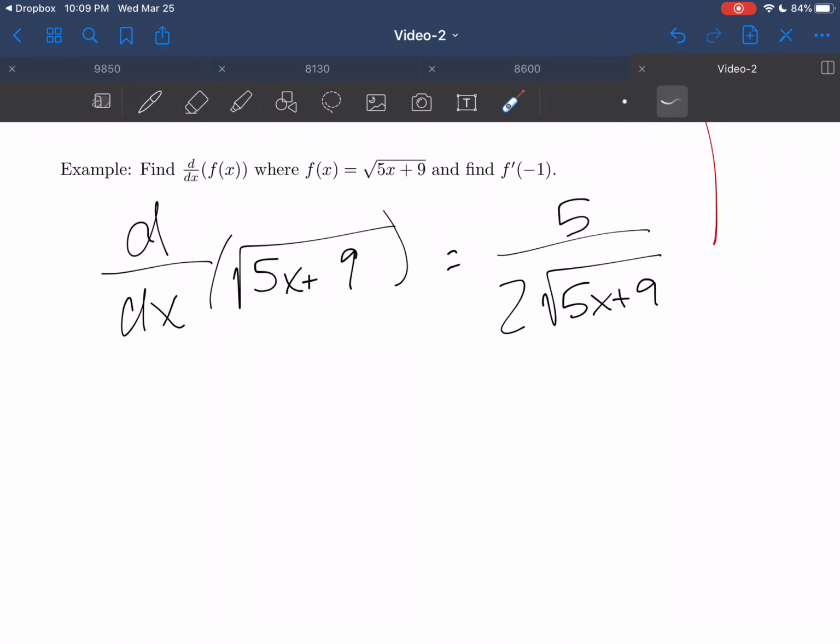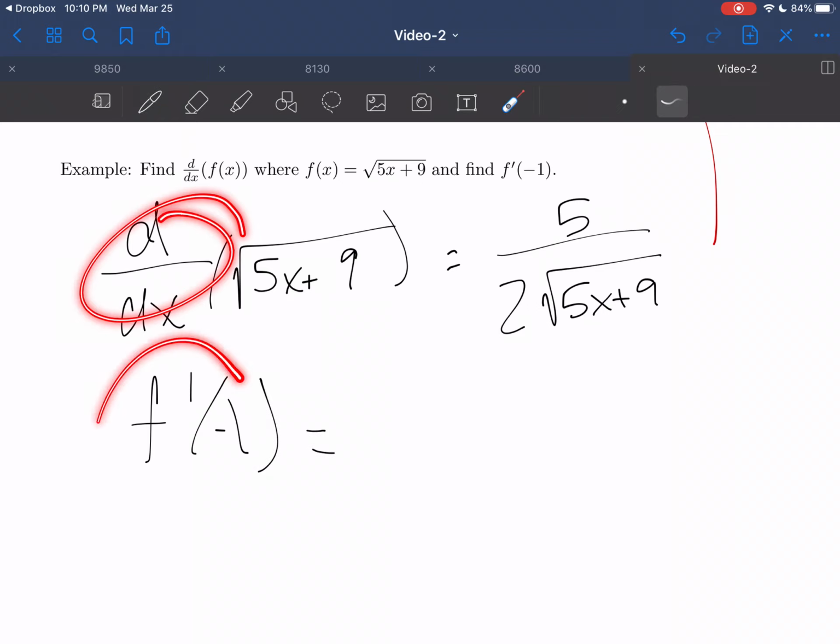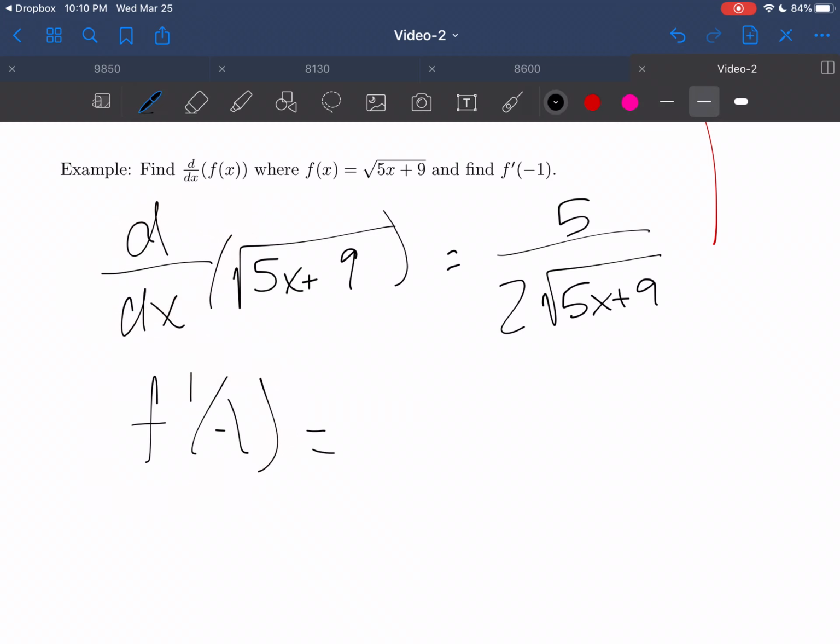Okay, and so now we just have left to find our f prime of -1. So we would plug -1 into this. Okay, and I can interchange these notations because they're the same thing. So I'll plug -1 in for my derivative.